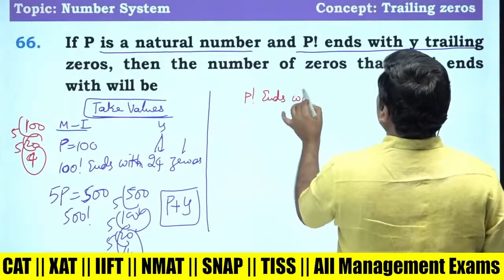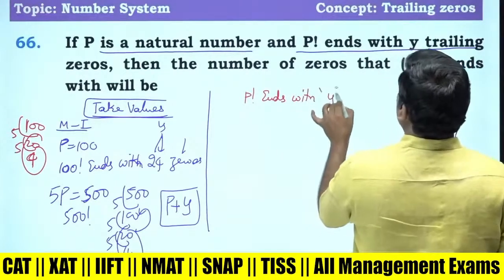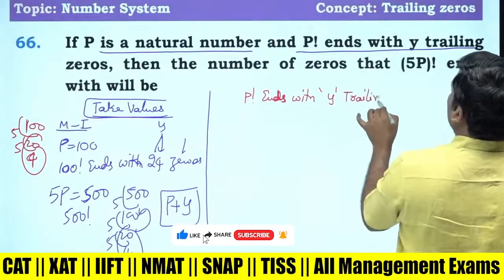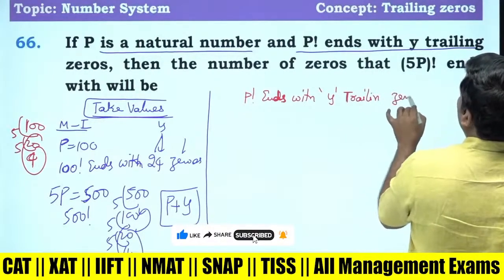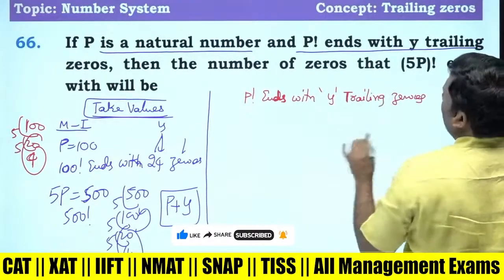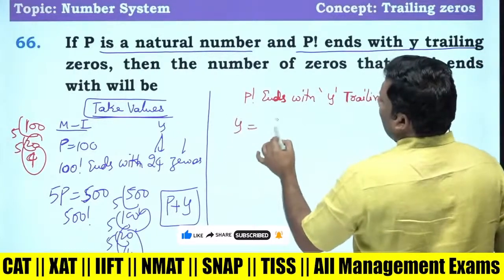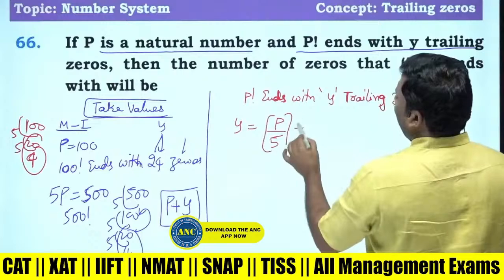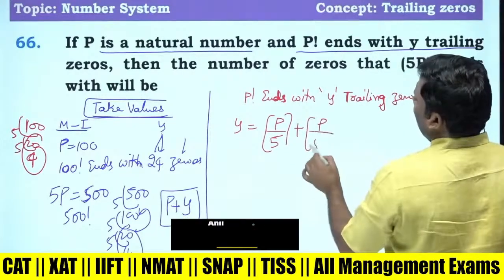Otherwise, P factorial ends with Y trailing zeros. What is the concept to find out the trailing zeros? I need to divide successively by 5. First, Y is P by 5. Then I will divide P by 5 square.